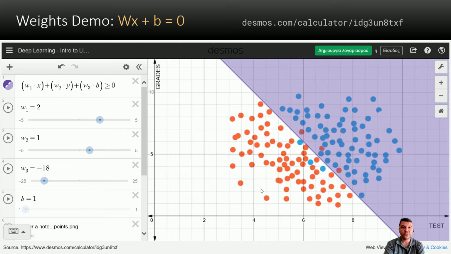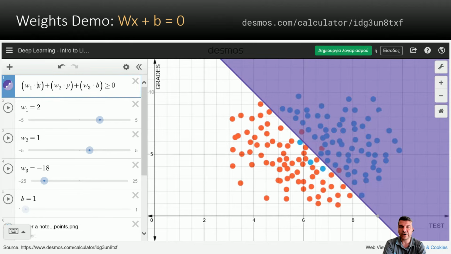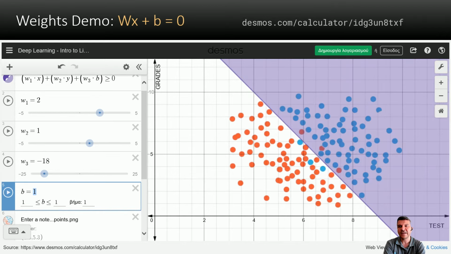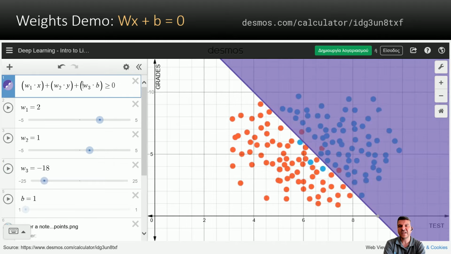Now, for this, we have the linear equation, with weights for our first axis, our x-axis here, and the weights for our y-axis, which is our x2, and then we have the bias, which is the constant 1 multiplied by minus 18. So we can say that we have here again a third weight when it comes to the bias. And now let's visualize how the bias works and how the weights work.